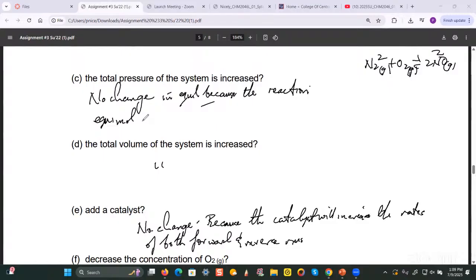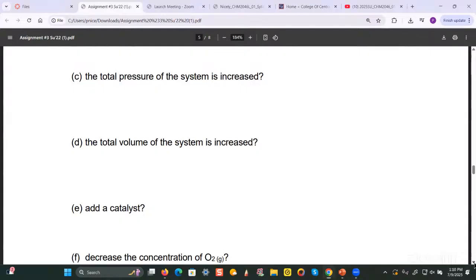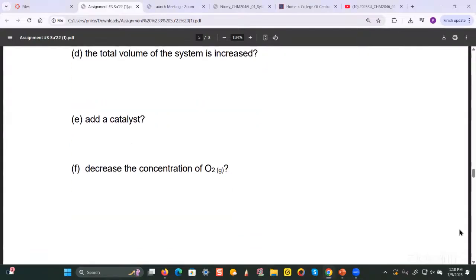Okay, and then the last one. I'm going to clear this and scroll down to F. Decrease the concentration of O2. So let me rewrite the equation here.